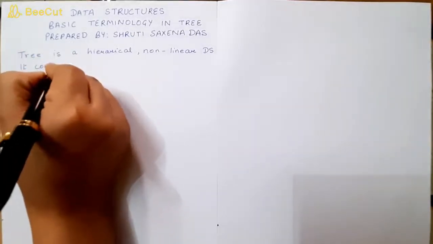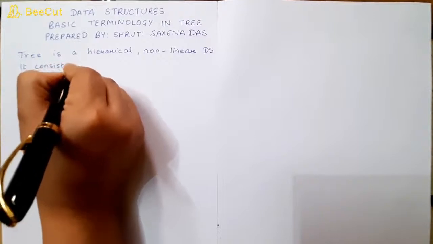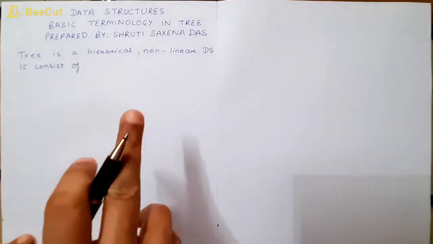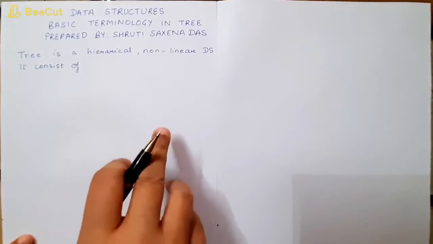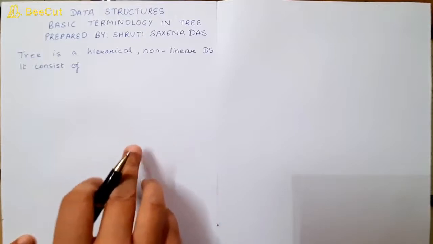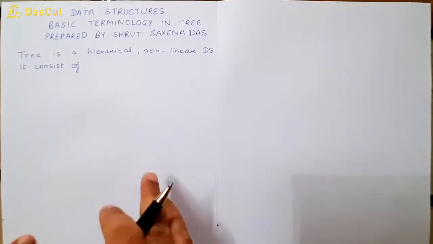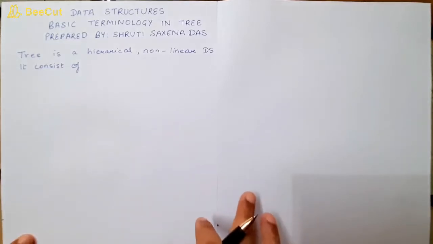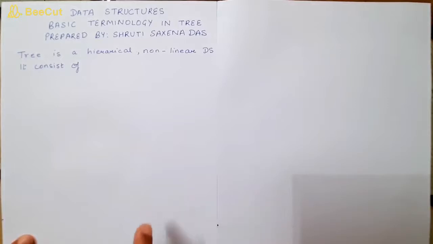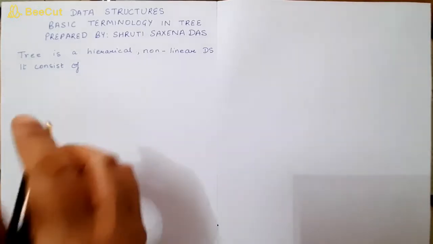In my previous videos I have discussed what linear and non-linear data structures are. In a non-linear data structure, elements can be connected to other elements by many-to-one or one-to-many relationships. Arrays, stacks and queues are linear data structures in which elements are attached to one another with a one-to-one relationship. Graphs, as well as trees, are non-linear data structures.